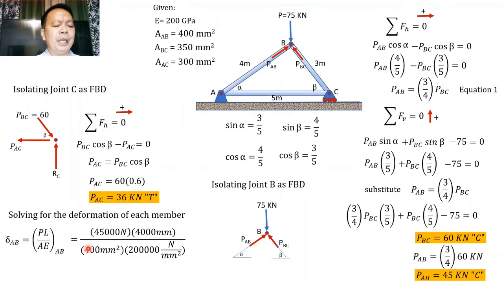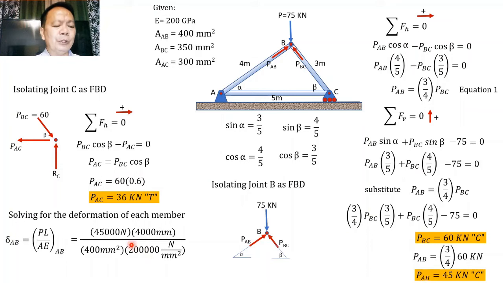P of AB is equal to 45 kilonewton, which is equivalent to 45,000 newton, while the length is 4 meters, equivalent to 4,000 millimeters. The area is given to be 400 square millimeters, and the modulus of elasticity, which is 200 GPa, is also equivalent to 200,000 megapascal or 200,000 newton per square millimeter.